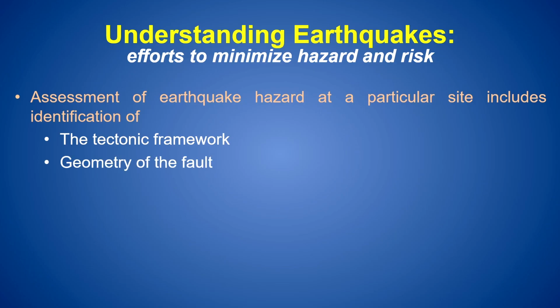When we come down to the local and site specific, and even at regional, we try to understand what the expected geometry of the fault is and what the geometry of the fault is at that particular site. That is important for understanding the earthquake process, as well as the overall earthquake sequence, and what the magnitude will be and all that.